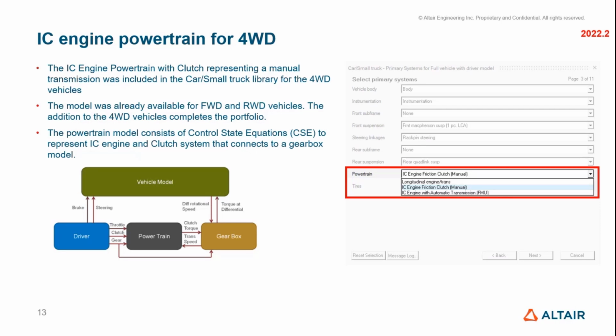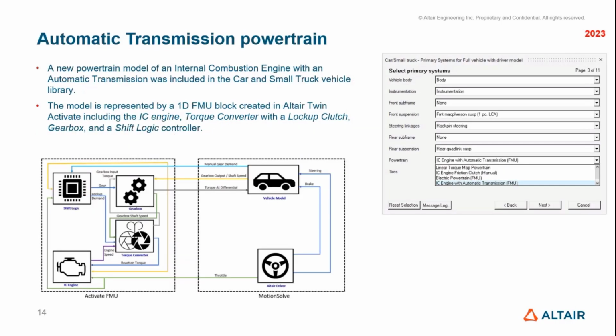And thinking about that, we include in 2023 a new feature, which is the automatic transmission powertrain. Now this automatic transmission powertrain also works for the car and the small truck library. Here, the user can select this and it uses the Altair Twin Activate group into an FMU inside MotionView.